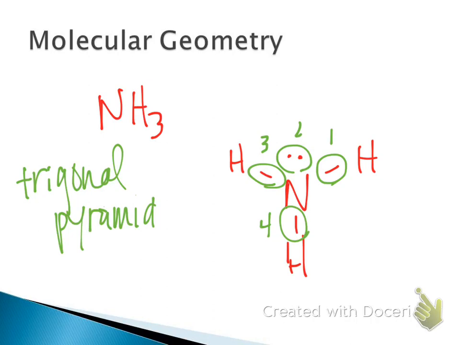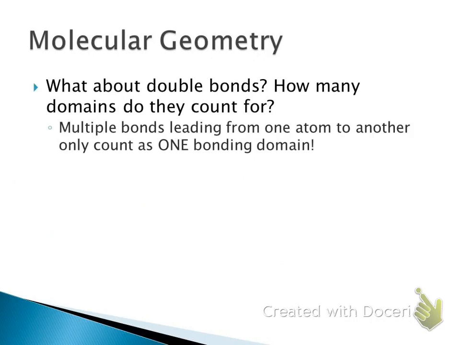The last thing that I wanted to touch on is that if we have a double bond, they count only as one domain. So if I had a carbon bonded to an oxygen as part of a molecule, let's say I got other things going on with carbon over here. Okay, so if I had carbon that had a bond, it looks like this.